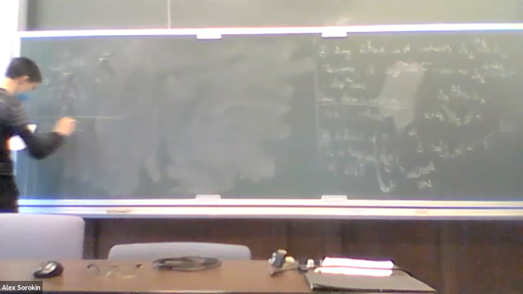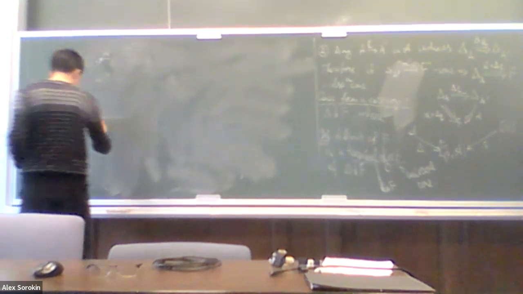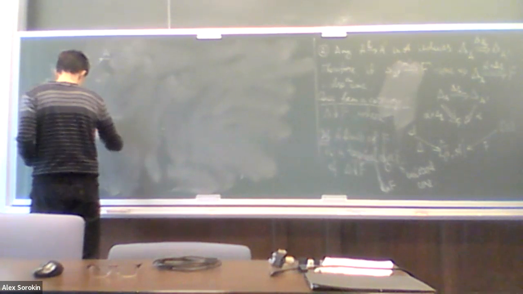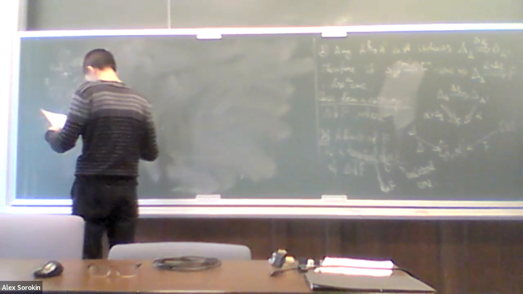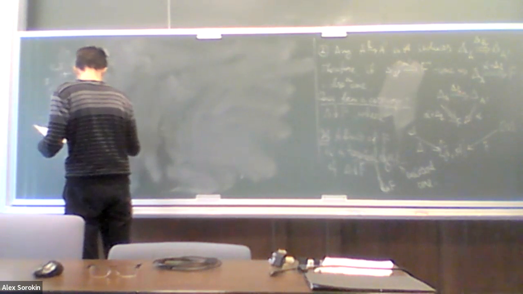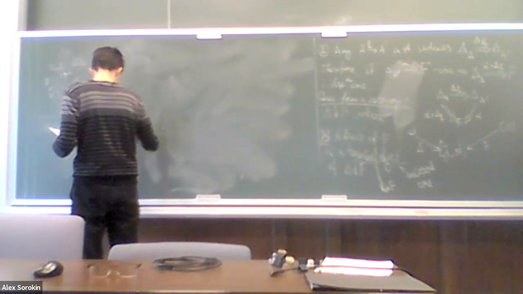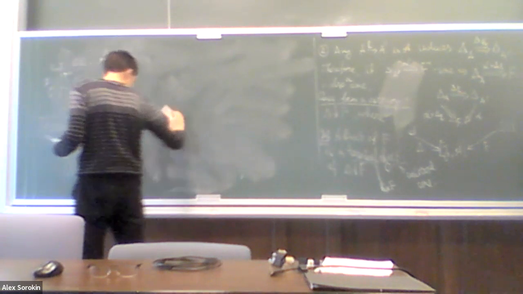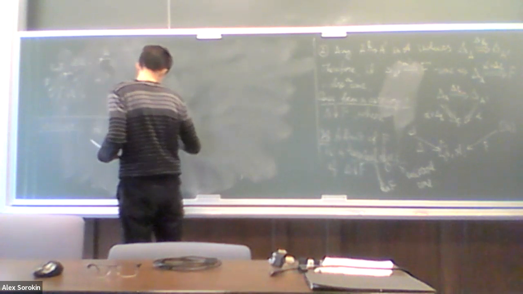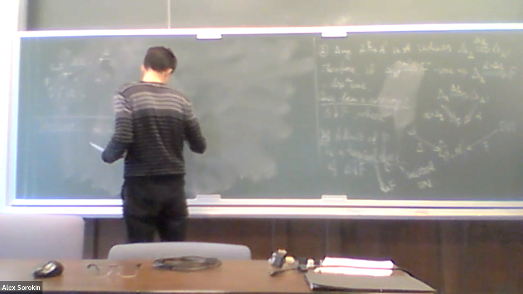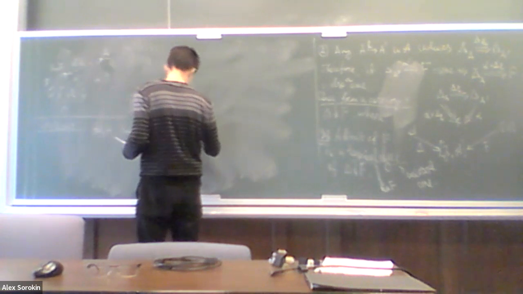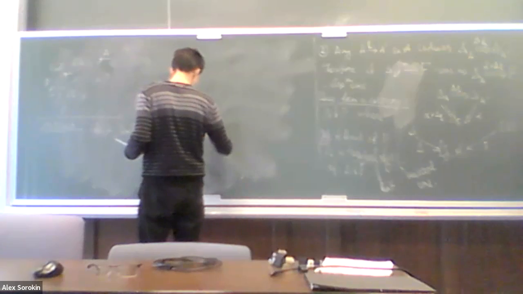So I am writing a statement that the set of morphisms from A to lim F is isomorphic to the set of natural transformations from the functor delta sub A to F.